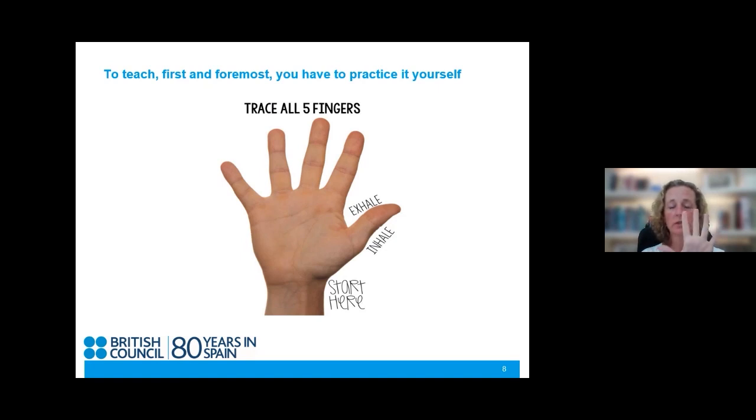What you're going to do is every time you breathe in, you inhale, you move your finger up. And every time you exhale, you move your finger down. So moving up, inhale, and down.